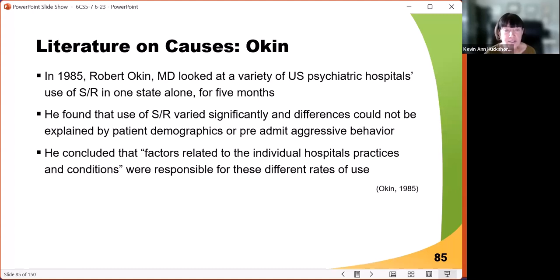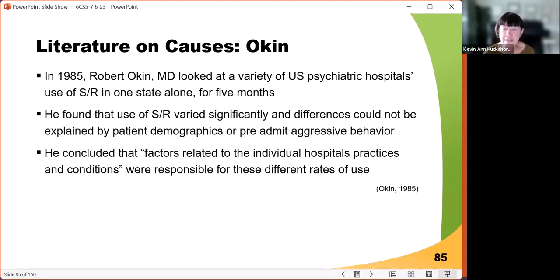Dr. Oken looked at a variety of United States psychiatric hospitals in one state alone for 5 months. And interestingly enough, in 1985, that one state was Massachusetts. He found that the use of seclusion and restraint varied significantly from hospital to hospital, even though the populations served were the same, adult general population patients.